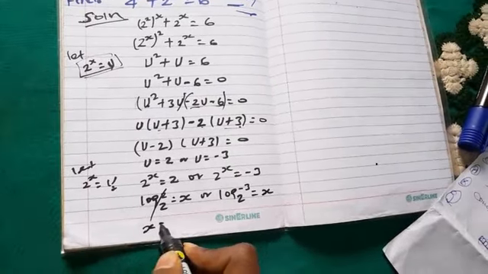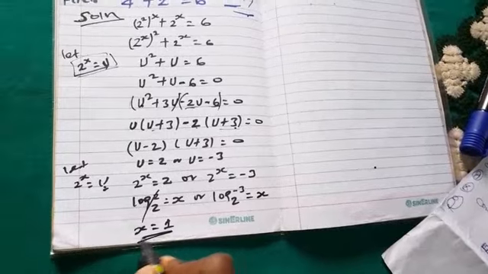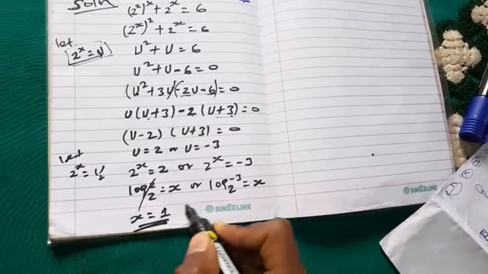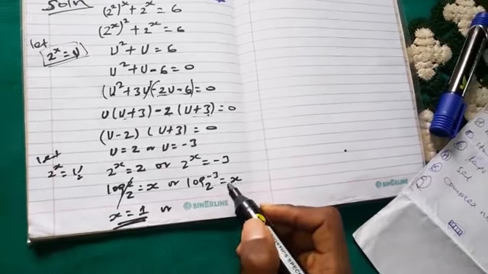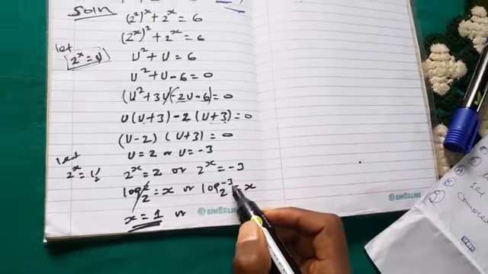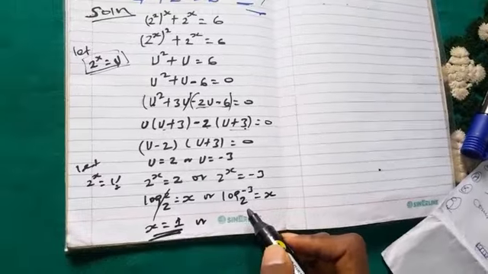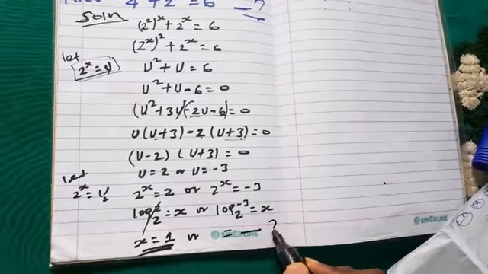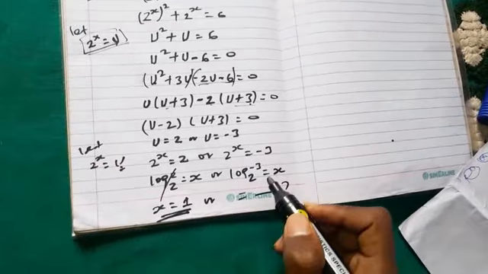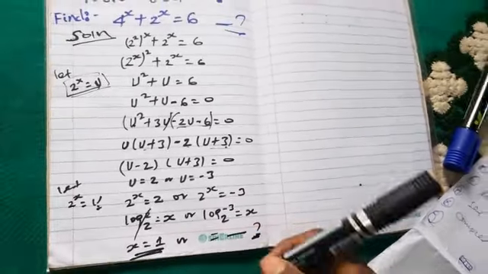Then x is equal to how much? 1. The final answer. Or you can change it by the logarithm formula: logarithm of 3 divided by logarithm of 2. Then you can get the final answer. You can finish it.